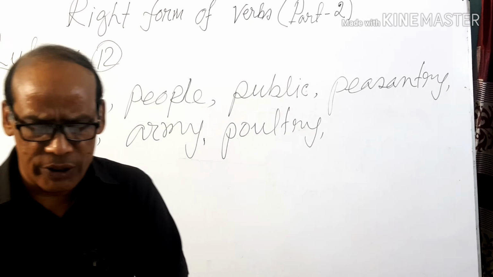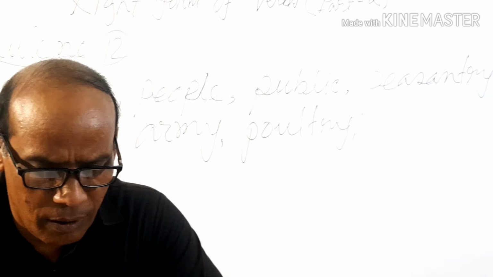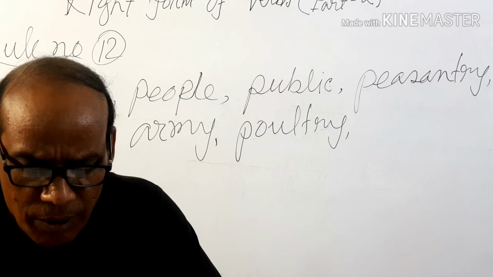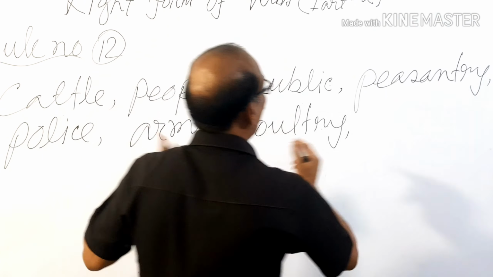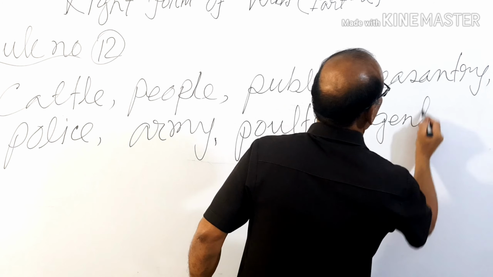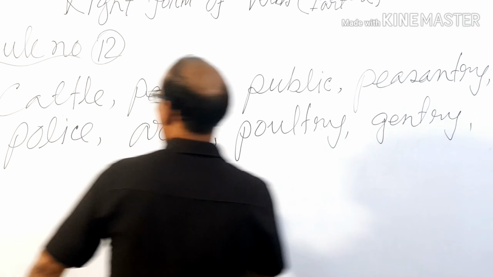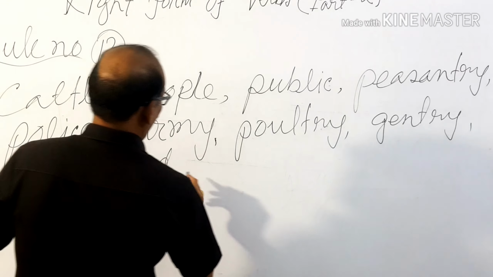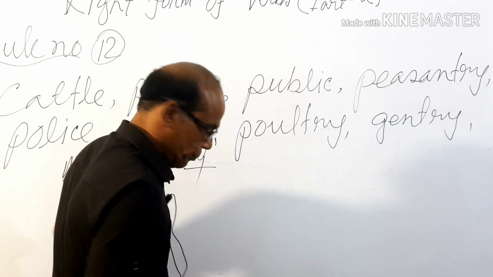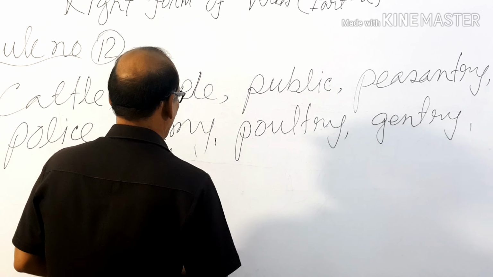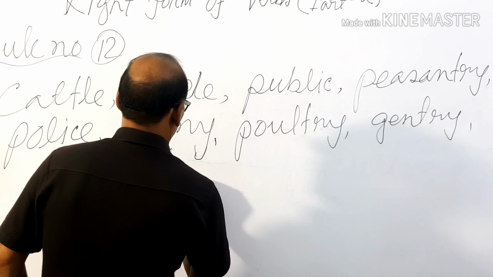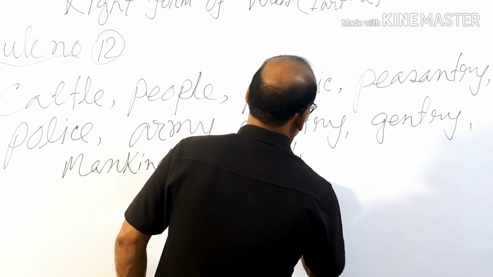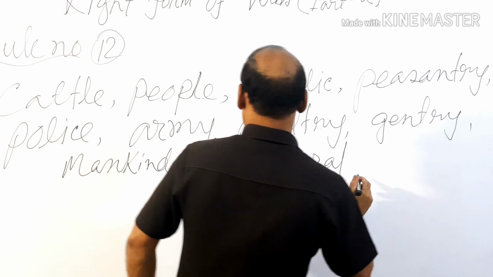Poultry feed, you know, poultry: hens and ducks, they are poultry. Gentry, mankind, etc., plus plural verb.